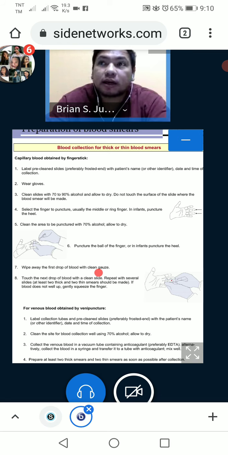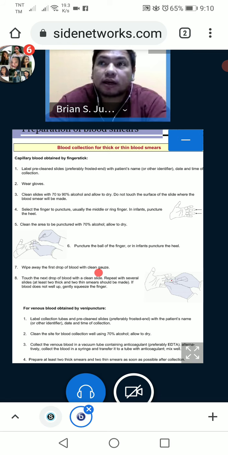The identification of malaria parasite will be based on the RBC. Kaya sinabi kong mahirap, class, kasi it really needs technique. Aside from counting the parasite, you first need to identify what type of parasite ang nandito.